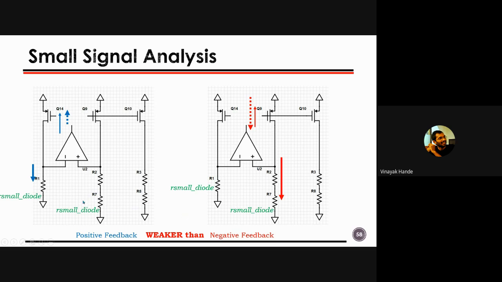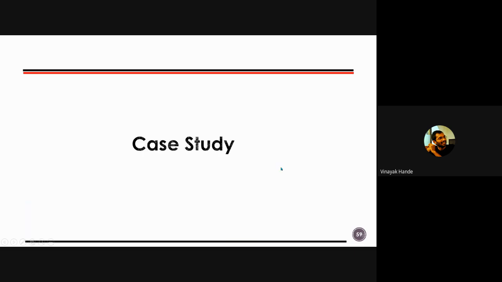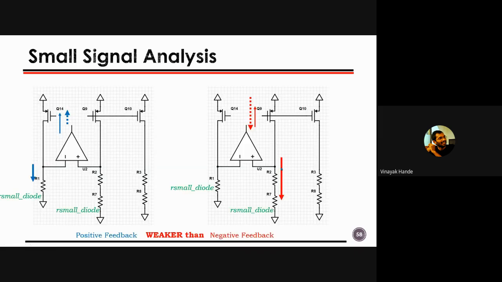And as I said, whether the diode has area 1 or area n, it has the equivalent resistance, right? So here, if I give some voltage, which you can see in the solid line, the gain at the non-inverting terminal will be quite high compared to the gain at the inverting terminal, right? Are you getting it?